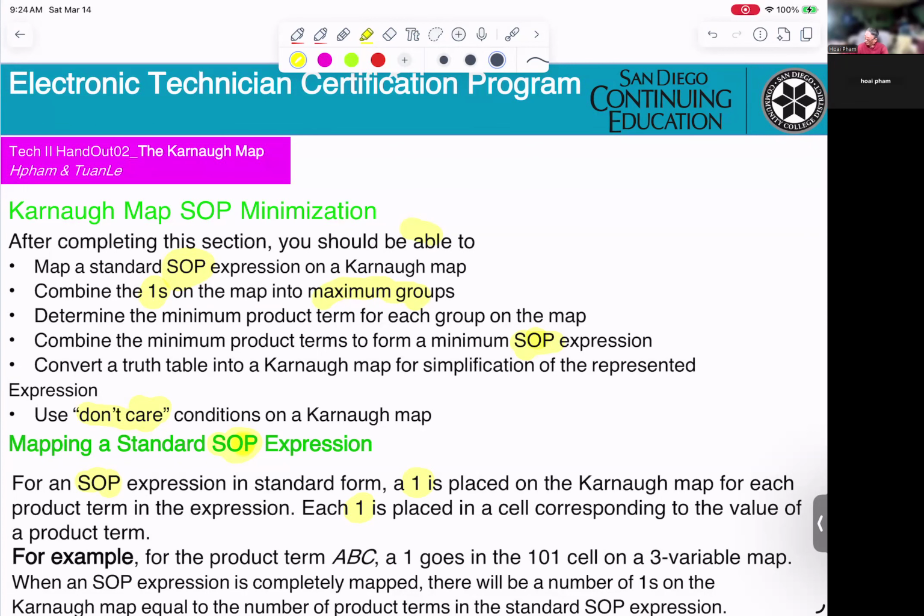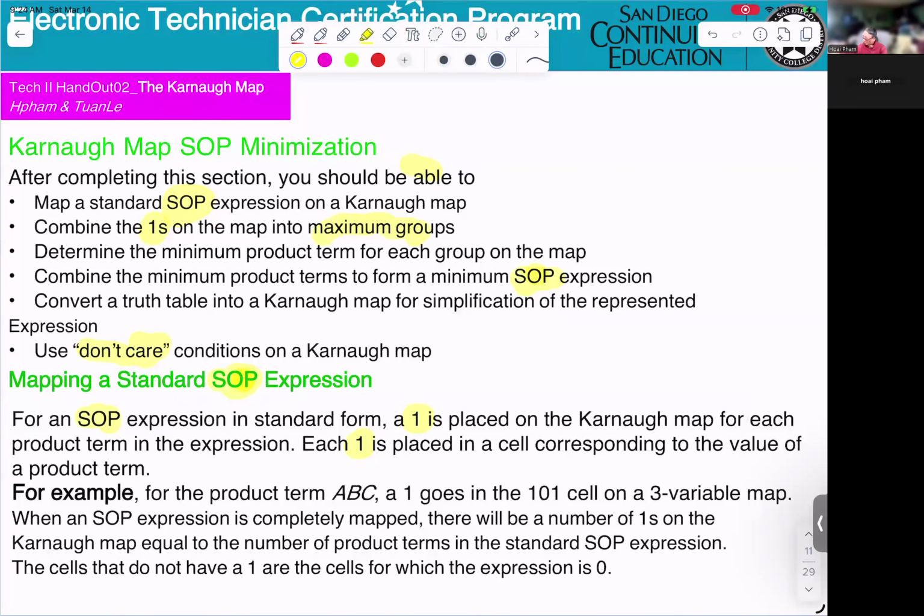For example, for the product ABC, a 1 is written in the 101 cell on a three-variable map.